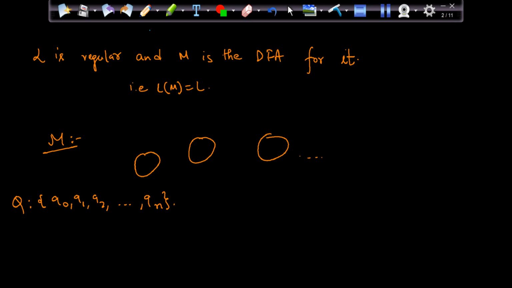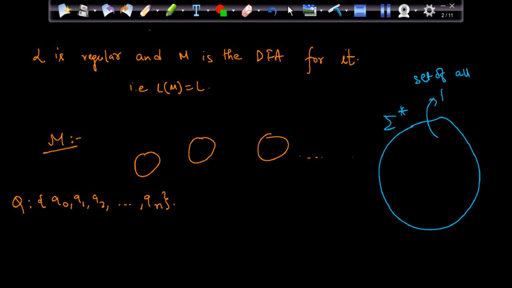Now you know that in a DFA, if this is sigma star, the set of all possible strings over sigma, there are going to be some moves, transitions between the states.